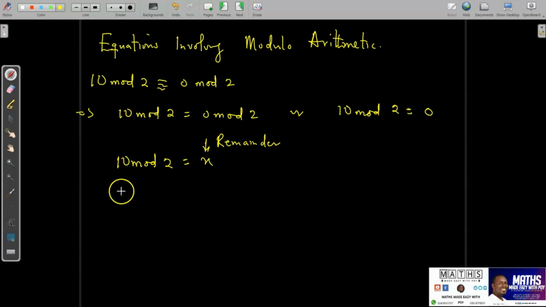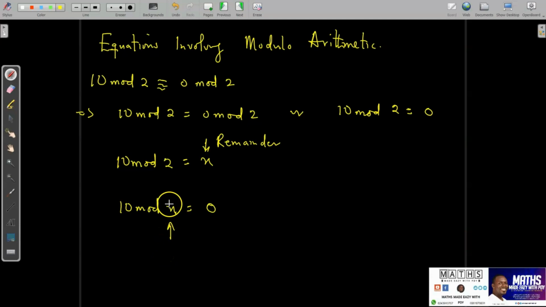Again, you may have probably 10 mod x is equal to 0. So at this point, x is assuming the mode. I hope you get me. The modal value.